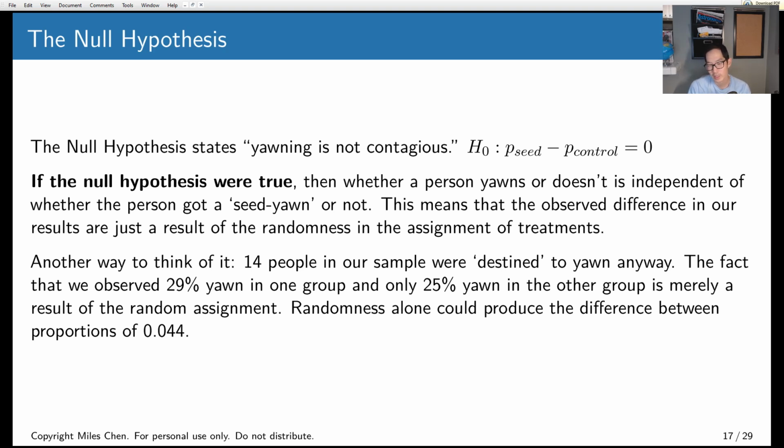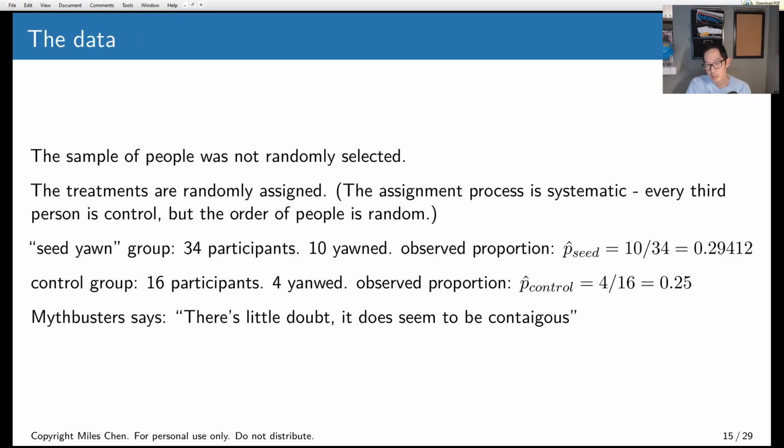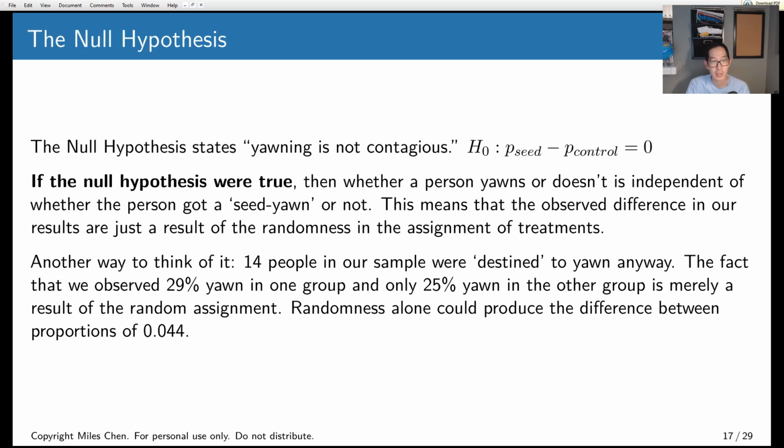And if the null hypothesis were true, then we're basically saying that the fact that one group got 29% and the other group got 25% is just a result of random assignment, and that random assignment could produce a difference in proportions of 4.4%. If we assume the null hypothesis is true, these results could have been just due to random assignment, not anything to actually do with the control group or the seed group.